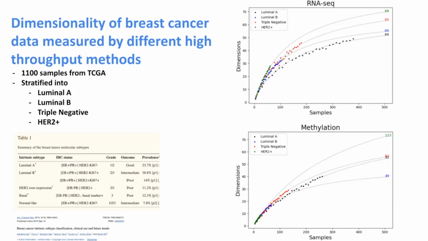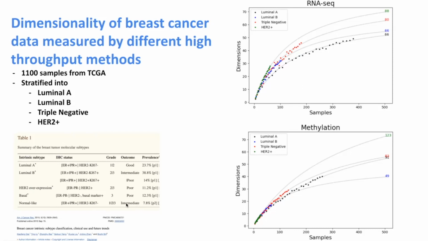And they measure not only gene expression, but also methylation and protein levels and all sorts of other ways. So the breast cancer samples, you can differentiate them into different subtypes. So there's luminal A, luminal B, triple negative, and HER2 positive. And these are usually identified by different markers. So this is the table that explains how they're defined.